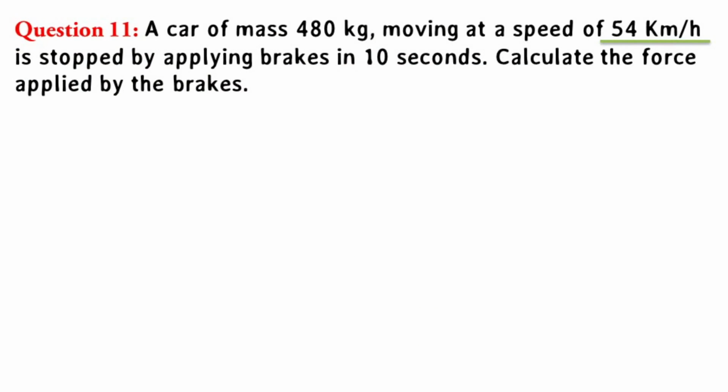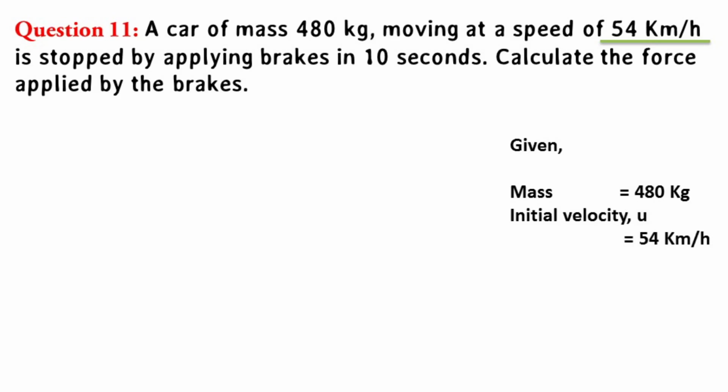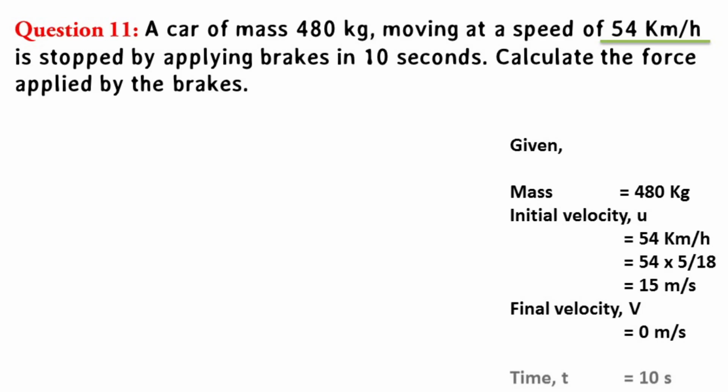Let us write down the given values. Mass m is equal to 480 kg. Initial velocity u is equal to 54 km per hour. Convert to meter per second: 54 multiplied by 5 by 18, which is equal to 15 meter per second. Final velocity v is equal to 0 meter per second and time t is equal to 10 seconds.